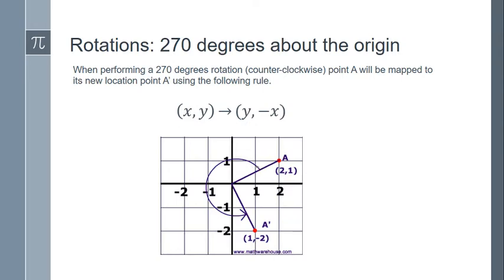It was in quadrant 1, now we go through quadrant 2, quadrant 3, and it ends up in quadrant 4. According to this rule, we switch the coordinates, so I'd have (1, 2), and then I make that second one the opposite sign, so (1, -2). And that's exactly what we end up with there.